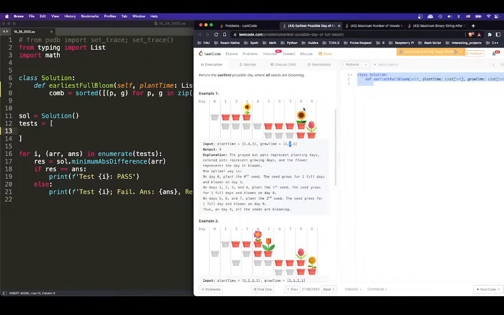Yeah, it is the same. Maybe it'll work. I'm not sure.